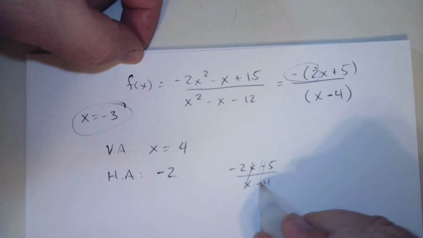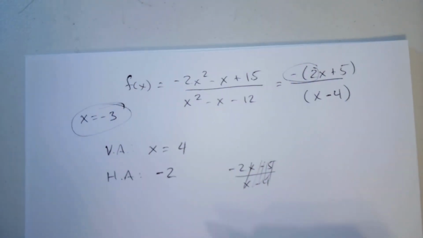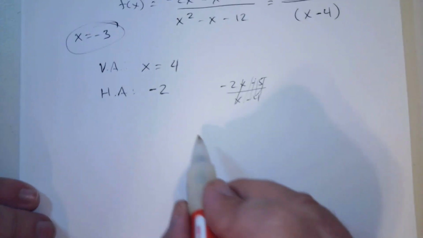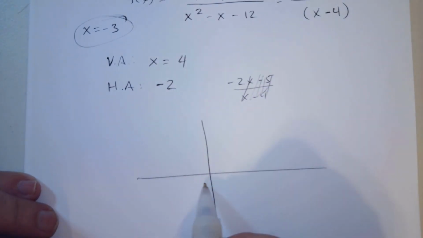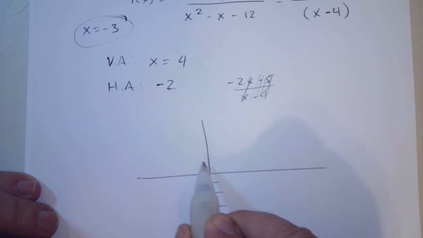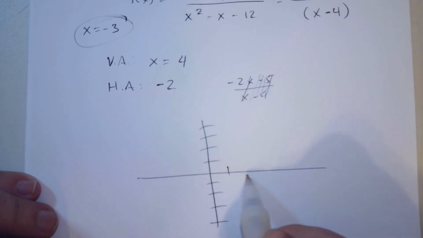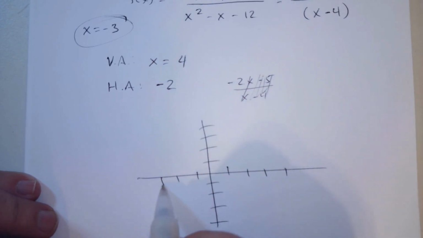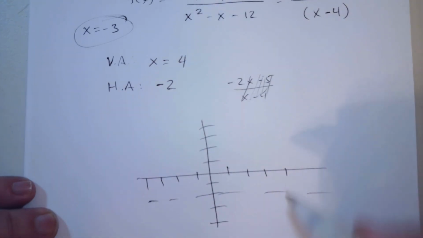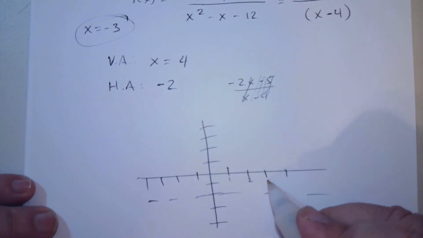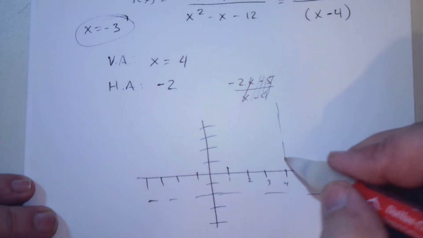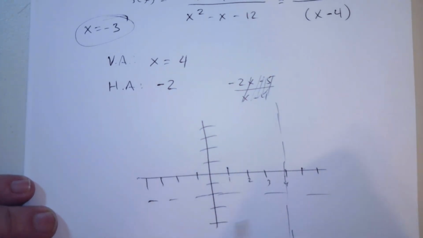The x's cancel, so we have negative 2. Look at the graph of this thing. So at negative 2 is our horizontal asymptote. 1, 2, 3, 4. That's our vertical asymptote.